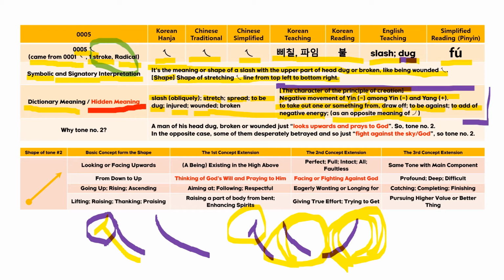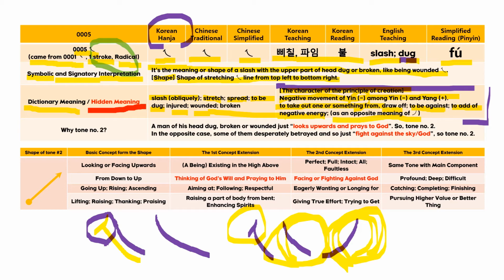In addition to the dictionary meanings, because we are going to use those dictionary meanings and hidden meanings in the interpretation of so many complicated Chinese characters, which has been originated from Korean Hanja. Okay?